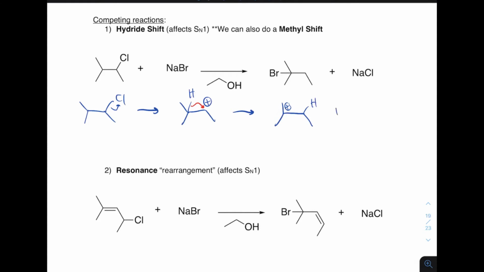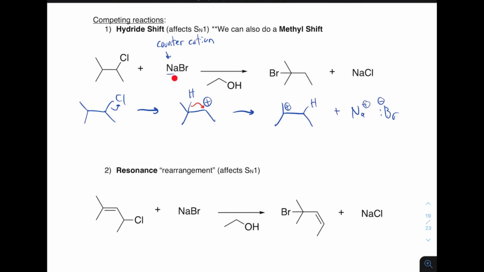Which means we can do our SN1 nucleophilic addition. You notice here I had sodium next to bromine. This was just the counter cation. It's not doing anything in the reaction. It's just there to stabilize the negative charge of bromine.